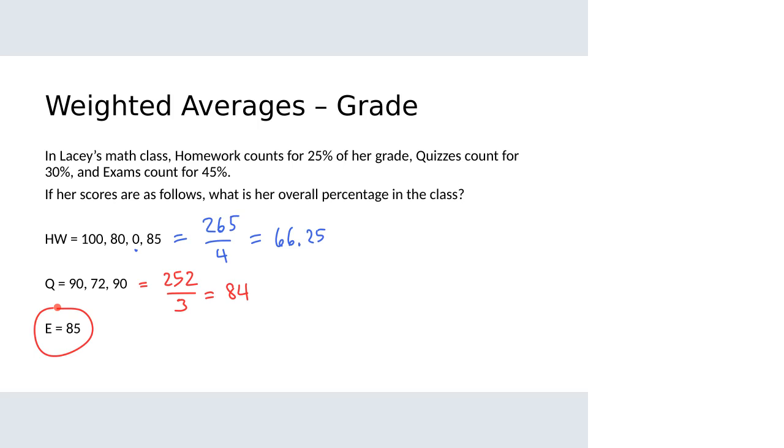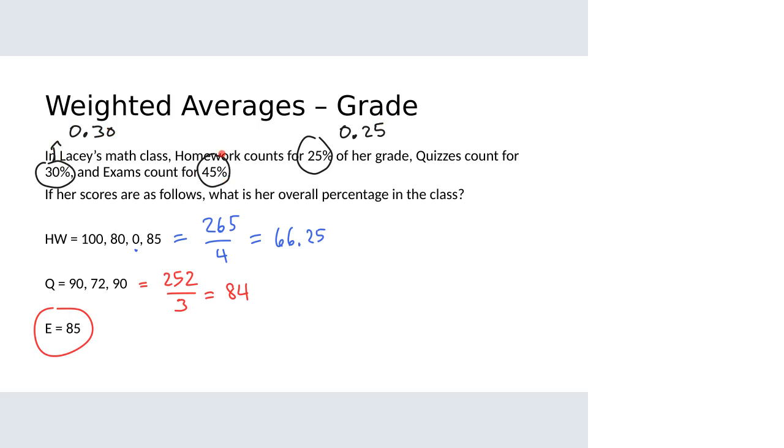So now we've got all the information we need. Now it's just a matter of, okay, how do we manage the weights involved? And the way we do that is we just multiply. We're going to rewrite 25% as a decimal, which will be 0.25. 30% we're going to rewrite as a decimal, that's going to be 0.30.